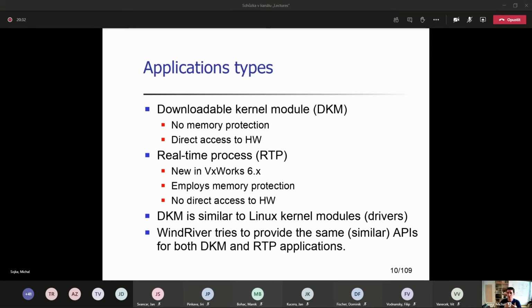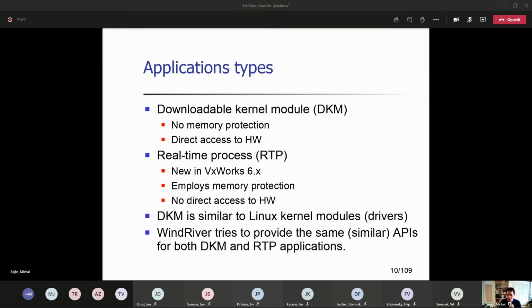If you are familiar with Linux, in Linux you can write code for the kernel as well. So this would be DKM in VxWorks. If you write a normal application under Linux, this would be a real-time process under VxWorks. The difference between Linux and VxWorks is that the API in the kernel and in user space in a real-time process is mostly the same in the case of VxWorks. In Linux, the API is different.